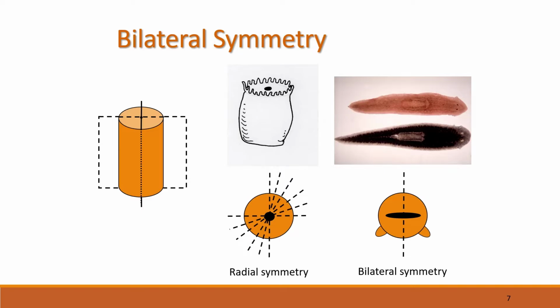So they have a line of symmetry running along their anterior-posterior axis, so all the way down the middle of their body. In other words, they have a symmetrical right side and left side. And this is the most common type of symmetry we see in the metazoans, and it's considered a very important step, evolutionarily speaking. I'll get into why that is in a second.